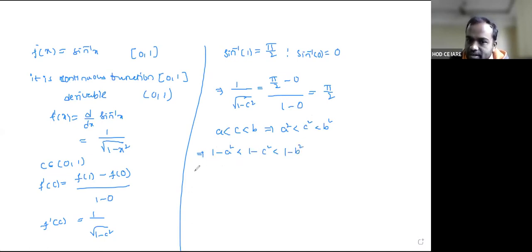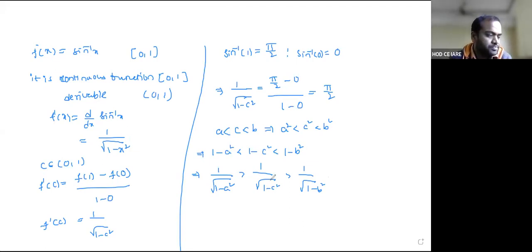So taking the reciprocal of the square root, 1 by square root of 1 minus a square is greater than 1 by square root of 1 minus c square, which is greater than 1 by square root of 1 minus b square. But we know that 1 by square root of 1 minus c square is equal to pi by 2. Pi by 2 రాసుకోవచ్చు.